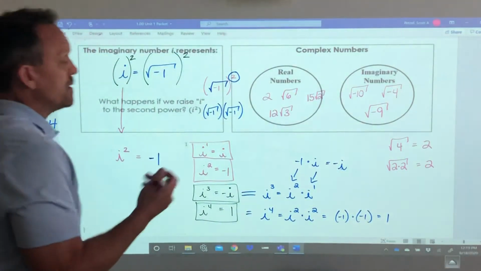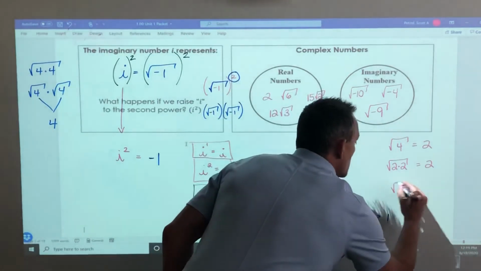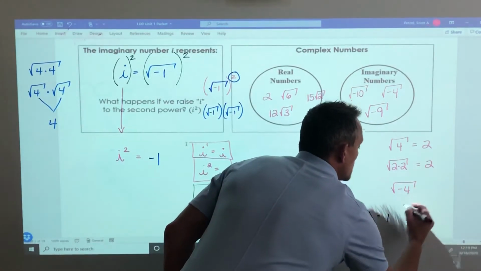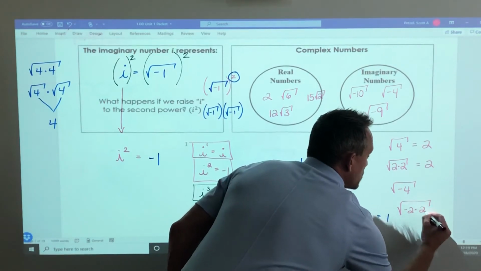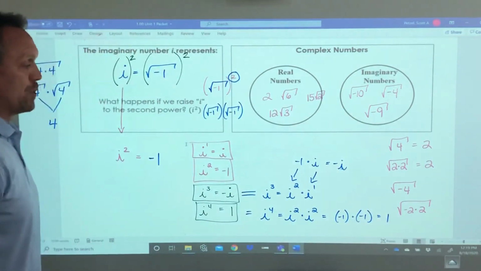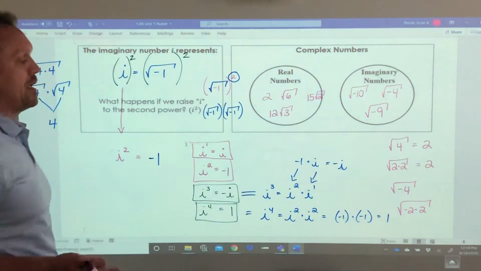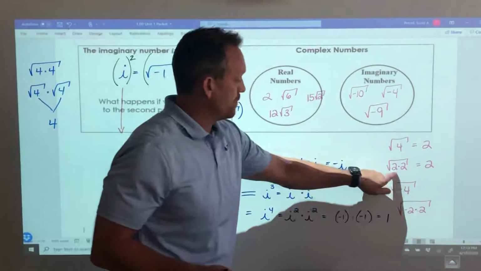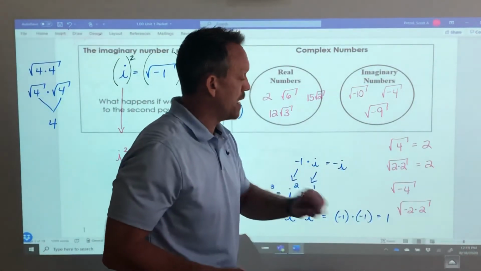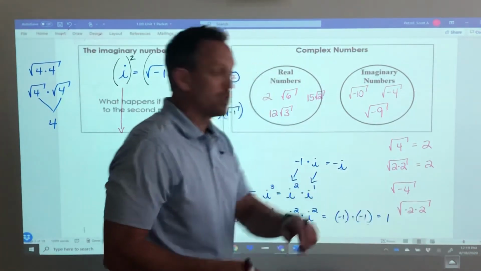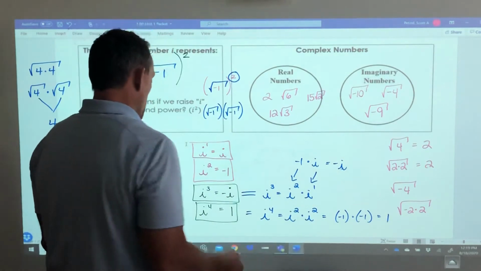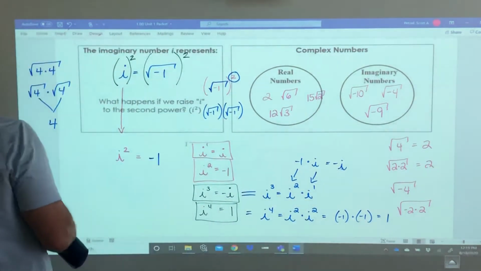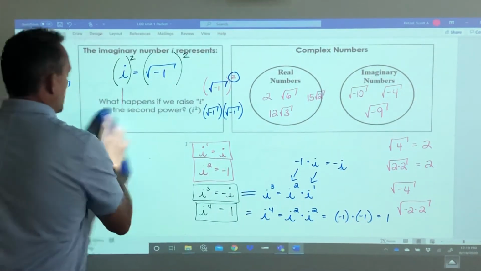The problem with negative 4 is that you'd have to have negative 2 times 2, and negative 2 and 2 are not the same number. Here you have 2 times 2, that's why 2 comes out. Here you have negative 2 times 2, 2 can't come out. Okay? So we're going to get more and more into this, but hopefully you understand that.